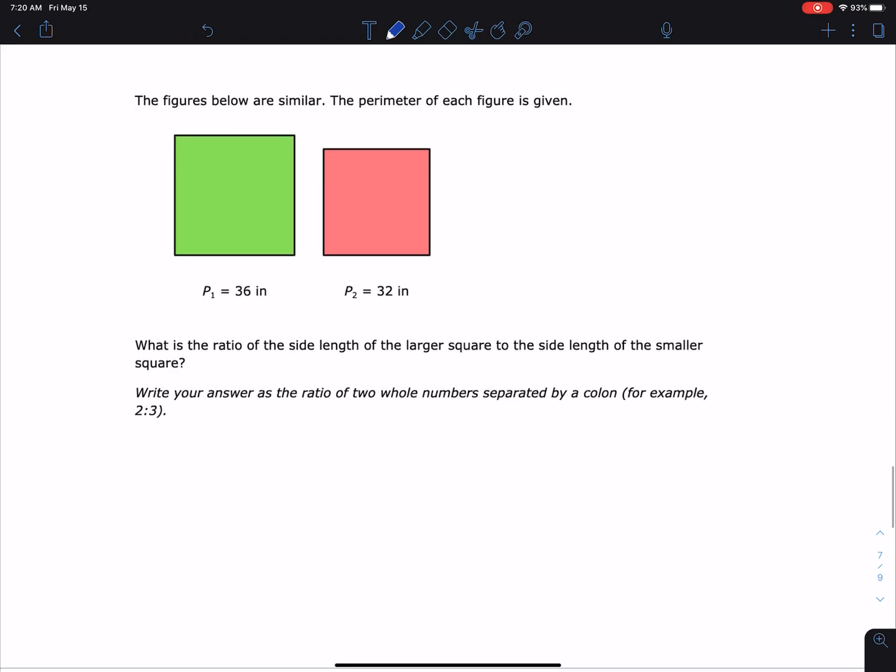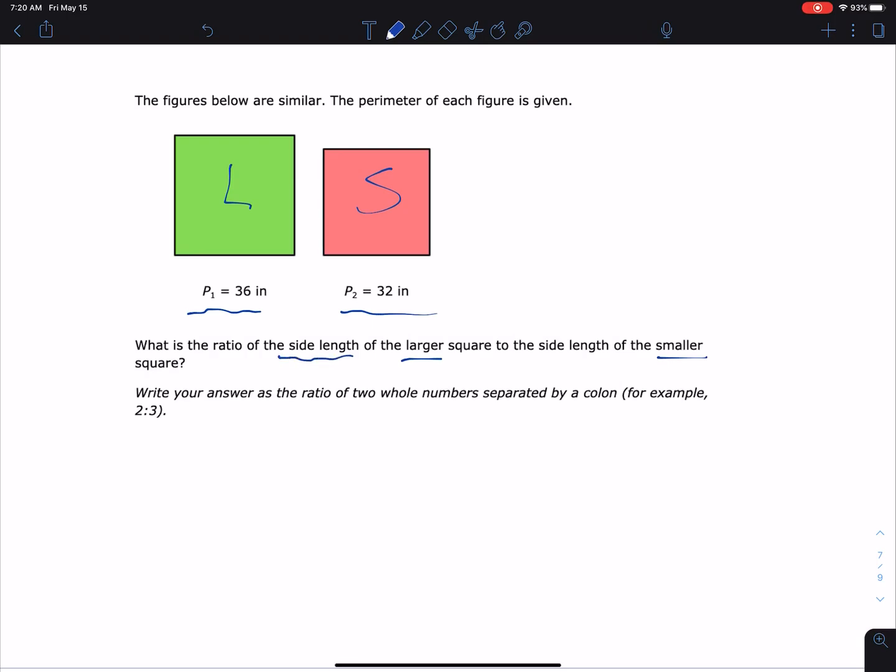So the figures below are similar. The perimeter of each figure is given. So they gave me perimeter of each figure. What is the ratio of the side length of the larger to the smaller? Okay, they just want ratio. So larger to smaller. So order matters here, okay? So all you're going to do is compare them. So they want me to compare side lengths.